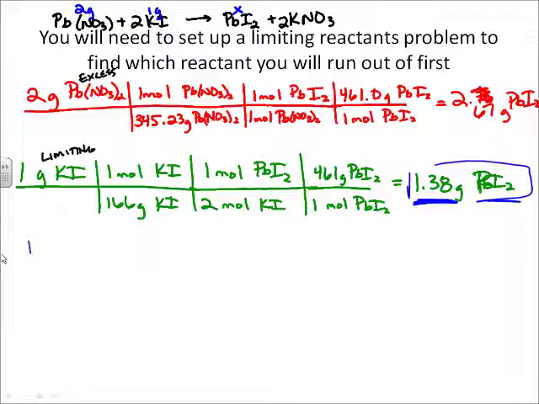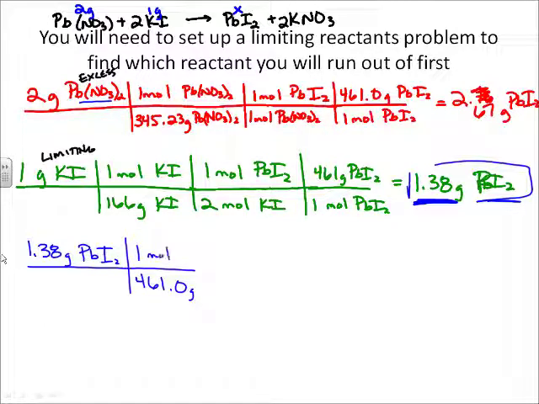So, 1.38 grams of the lead-2 iodide. We're going to go backwards and solve for the lead-2 nitrate. So we're going to use our molar mass. We've already calculated all these luckily, so we don't have to calculate more molar masses.